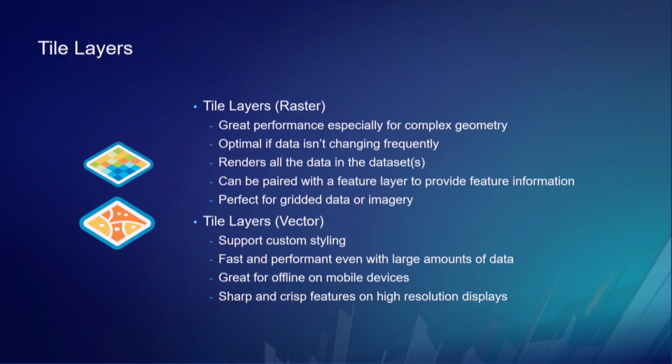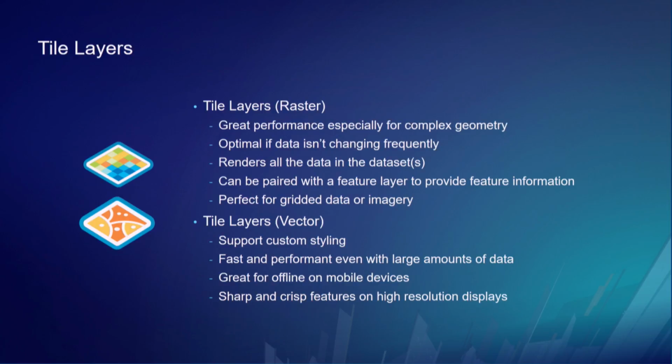Vector tiles themselves, one of the nice things, they support custom styling. They are fast and performant, even with large amounts of data. They cook faster. The tiles for vector tiles generate faster, so they take less time to recook. And they work really well offline, particularly with really large offline areas.